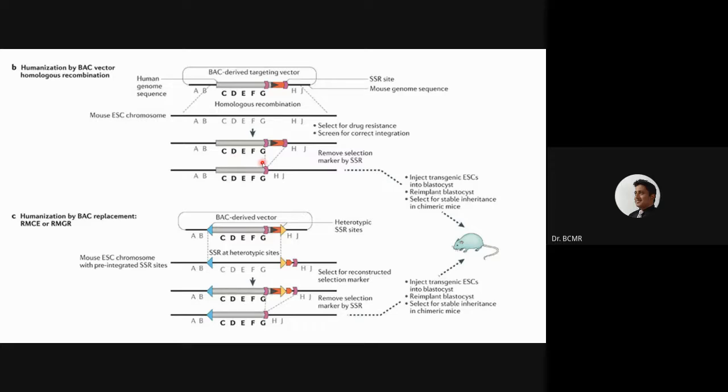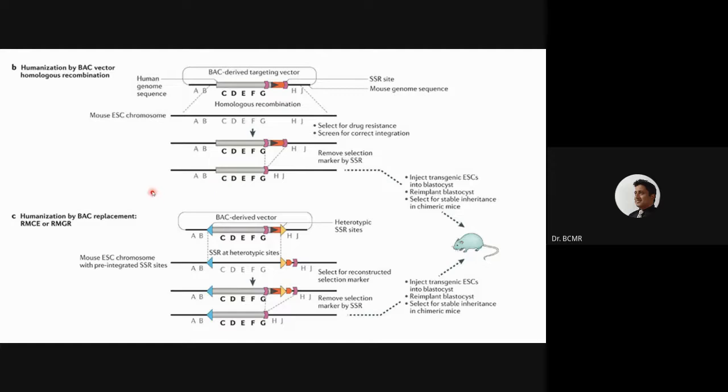I hope you remember these are site-specific recombination sites. When there is recombination between these two, the part which we added for positive and negative selection can be removed. So now we get a mouse with human CDEFG genes.